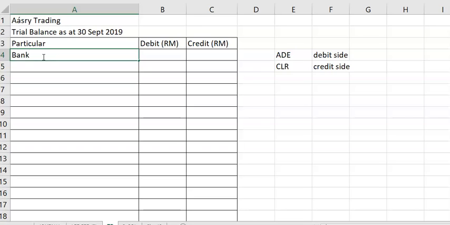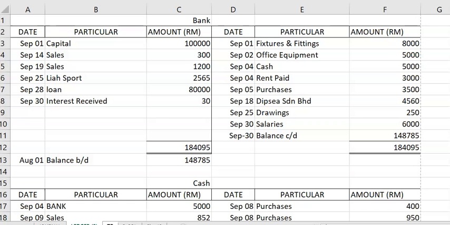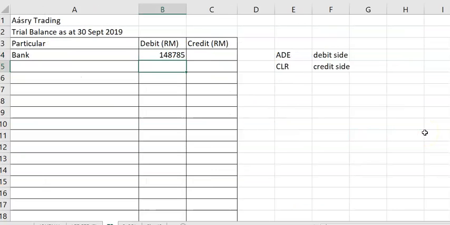Just now I said whenever the account is classified as an asset or drawings or expenses, all those account balances will be on the debit side. So you will put the balance of the bank account, that is 148,785, on the debit side of the trial balance.